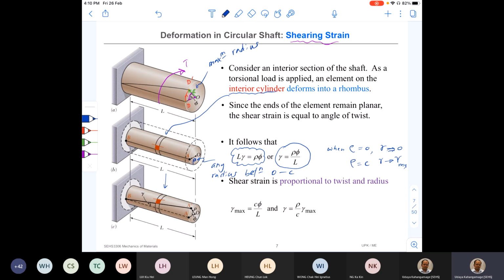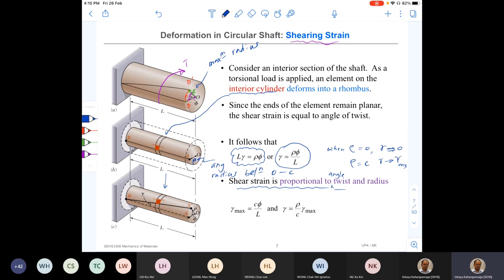When rho varies from 0 to c, the shear strain gamma varies from 0 to the maximum value. So there's a linear relationship, right? So shear strain is therefore proportional to the twist, that is the angle of twist, and to the radius for a given cross section.